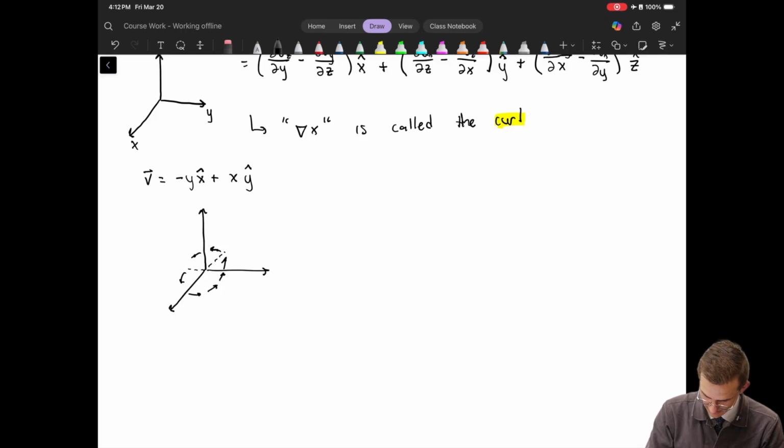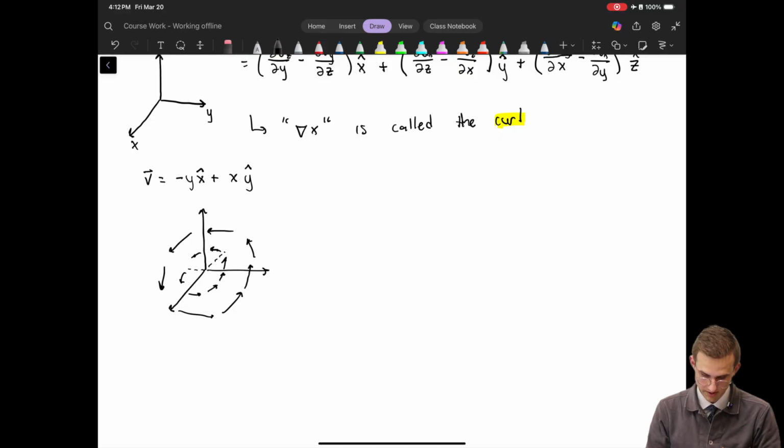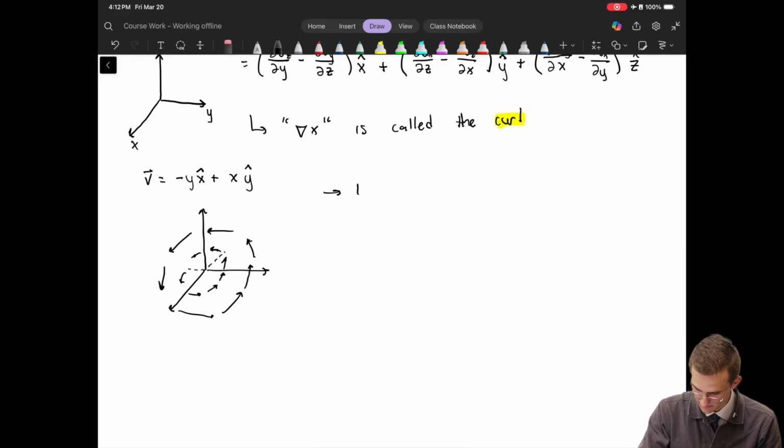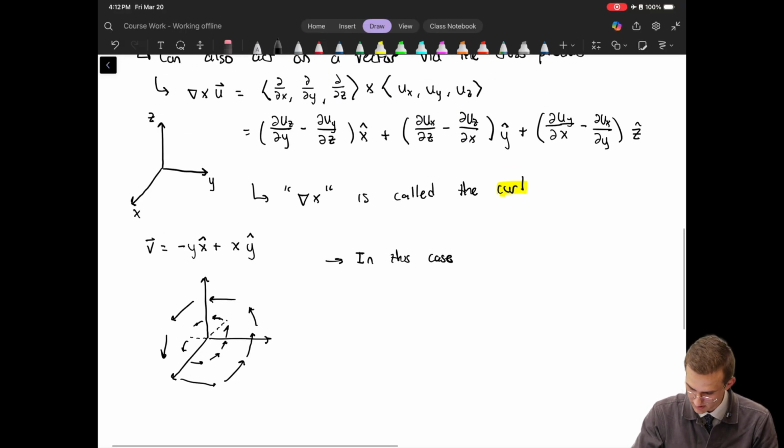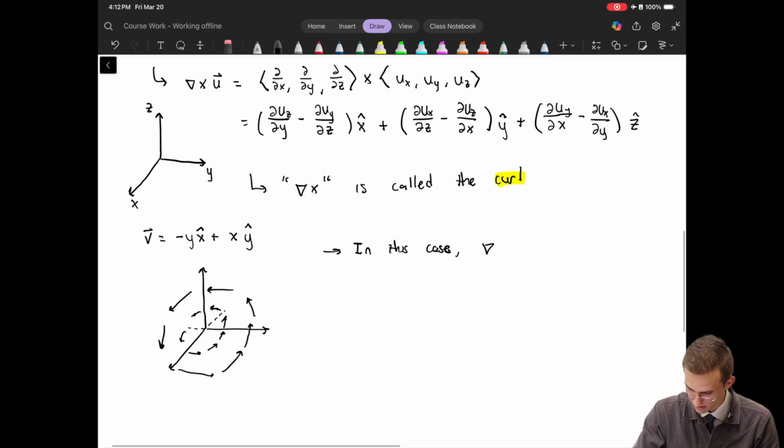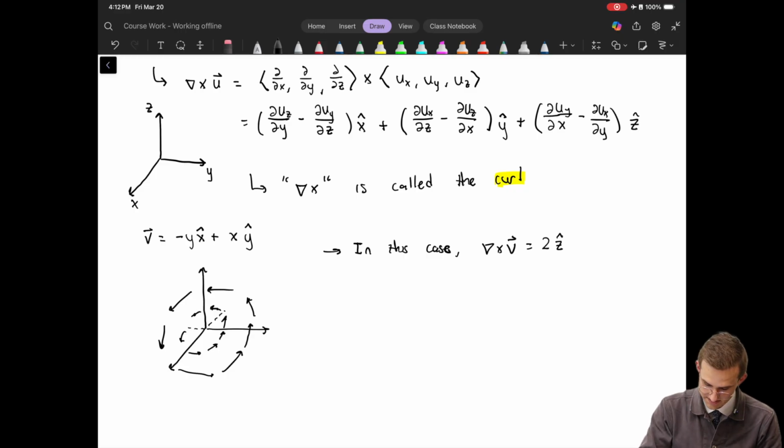And as you go further out, the vectors get a little bit bigger, by virtue of the way this vector field is defined. In this case, if you look at the formula above, the curl of v that we just defined is equal to 2 times z. So it points along the z-axis. This is the z-axis. You have x and y.